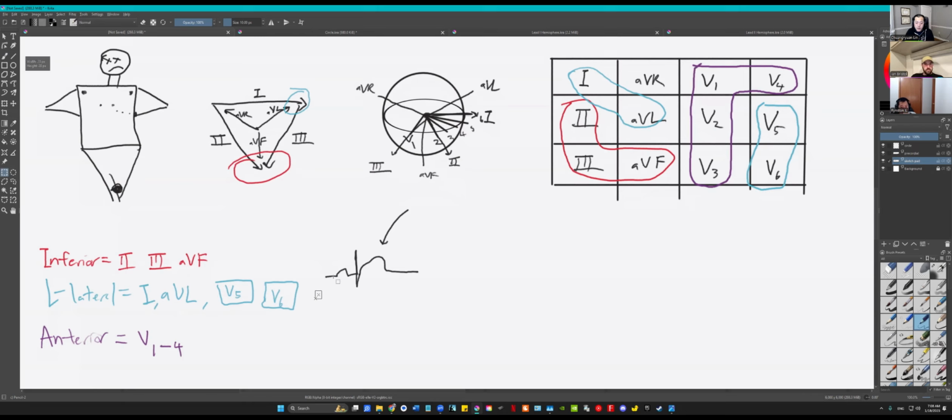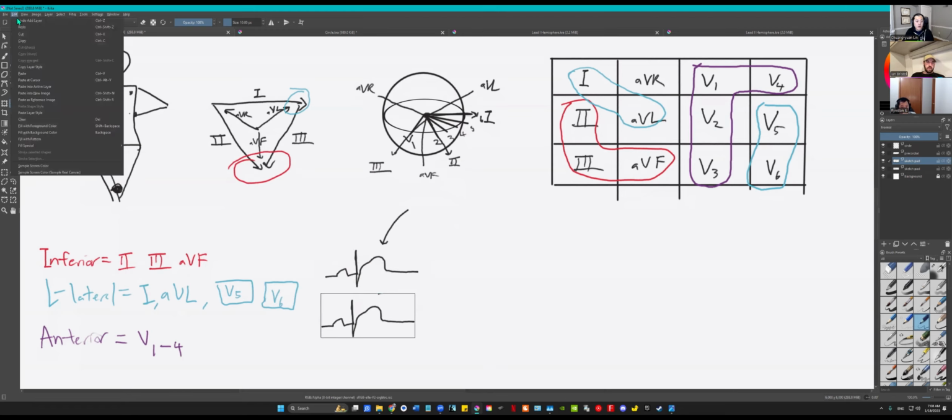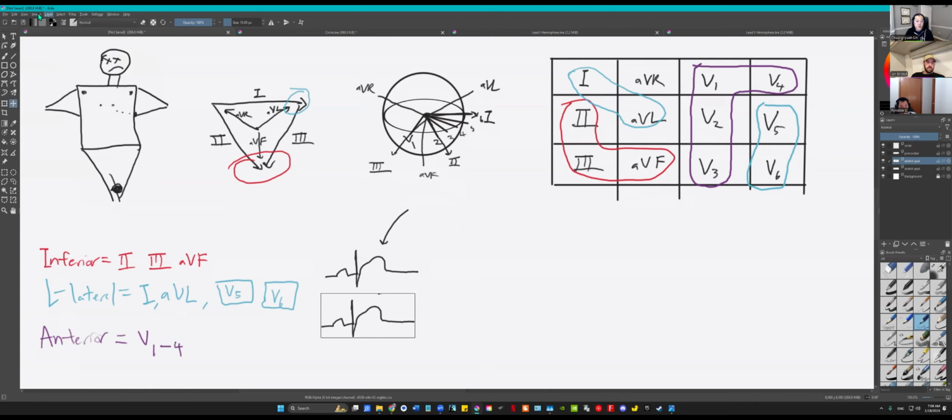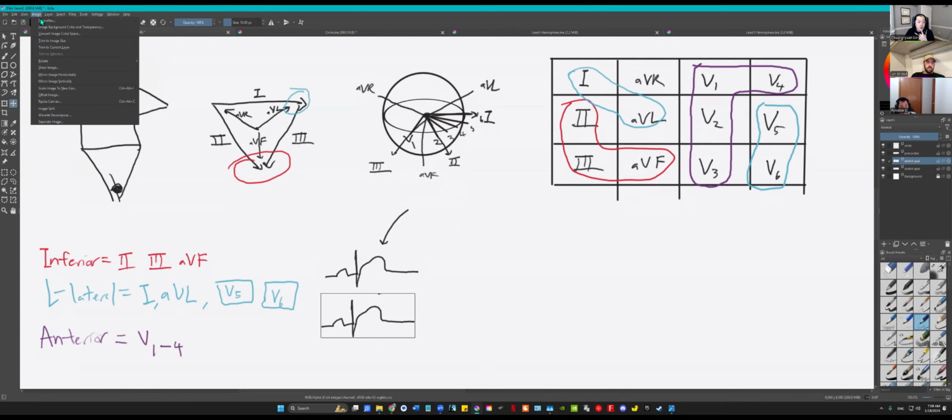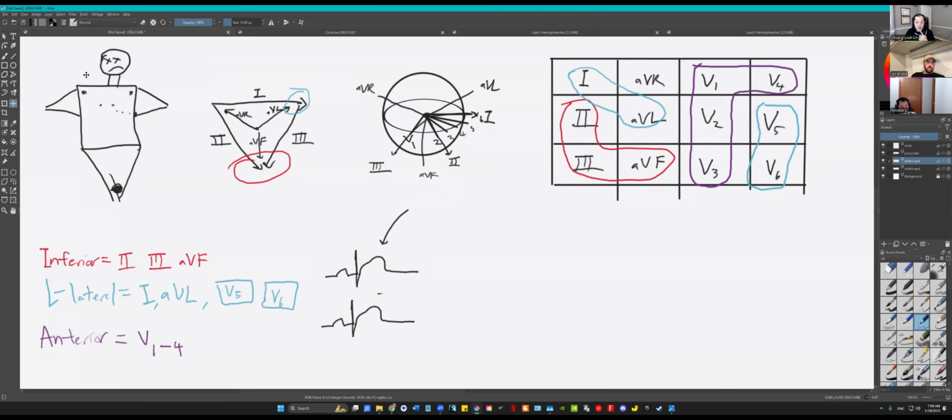All right, sketchpad 2. And then edit and do transform image. Ah, horizontal. Oh my gosh. I don't know if I can do this. Oh, you know what?